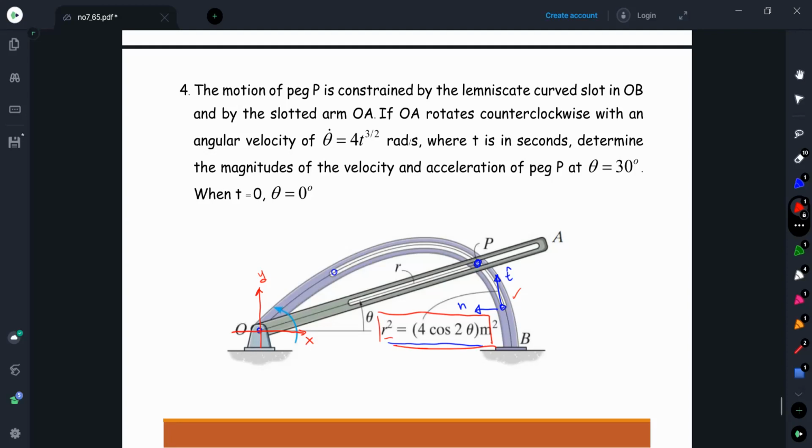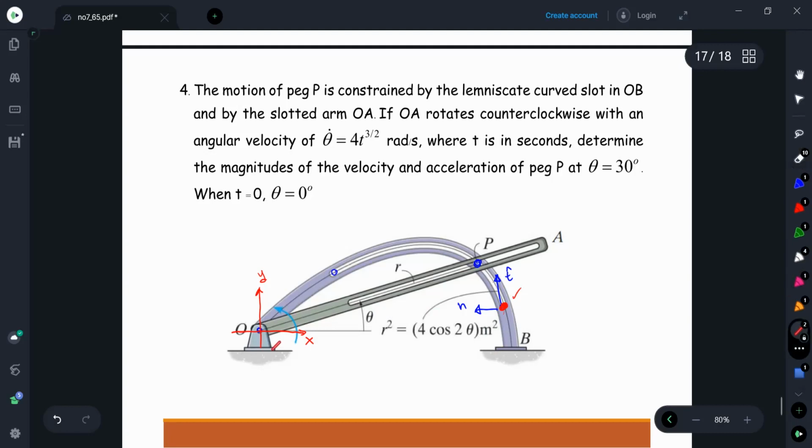Okay, and if we consider this point, if the particle is at this point, the tangent is maybe in the blue line direction. Okay, and if we compare with the r theta, for r it should be like this.